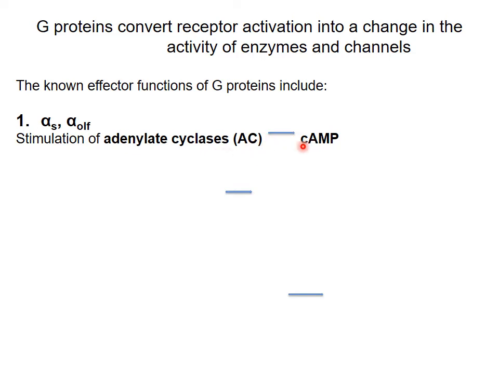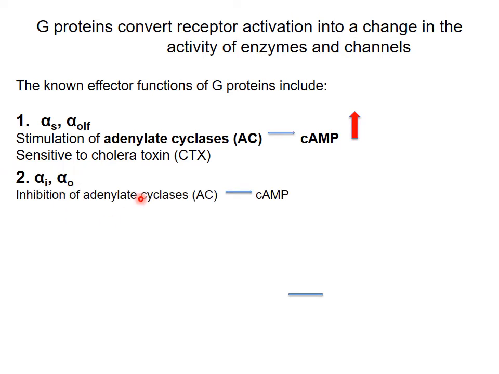Activated adenyl cyclase is going to lead to the production of cAMP, so that's its downstream effect. It's important to know that they're sensitive to cholera toxin, and that's how they have been separated from the other ones. Second group are alpha I, inhibitory alpha, or alpha O for other. They inhibit adenyl cyclase, so that's their activity, and therefore they decrease the amount of cAMP produced in cells.